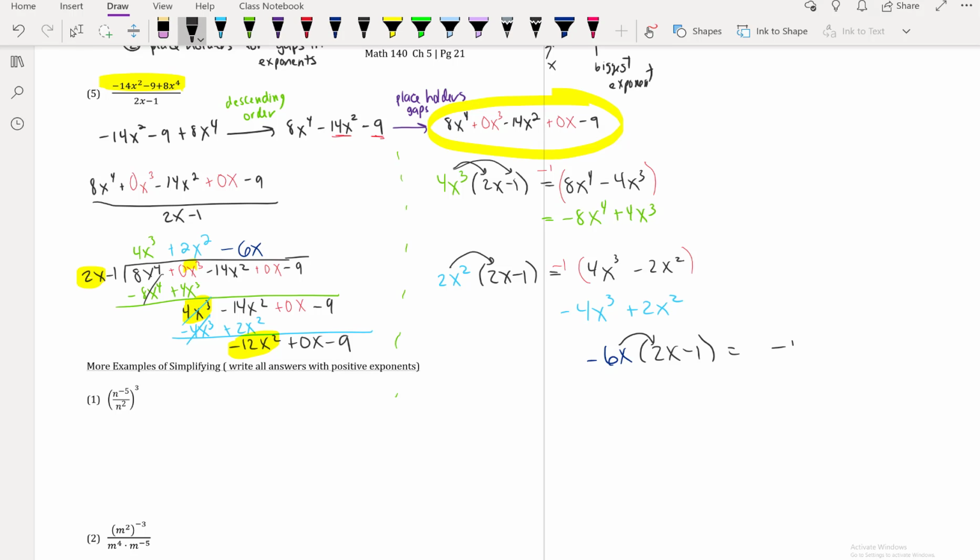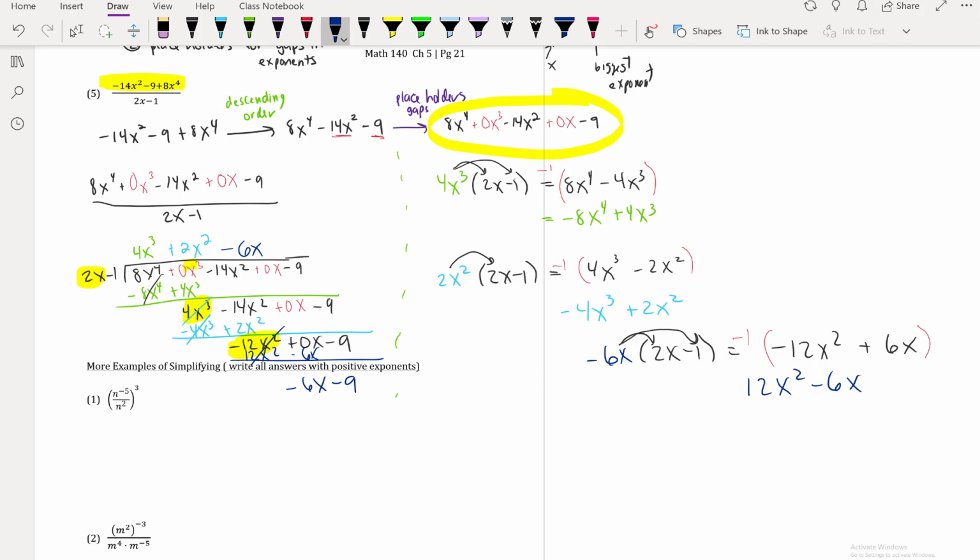So I end up getting my negative 12x squared plus 6x. Now I'm going to go ahead and multiply that by a negative 1. So I end up getting a positive 12x squared minus a 6x. Now I'm going to go ahead and write that underneath. So I have my 12x squared and a minus a 6x. So when I do that, that cancels. I have a negative 6x minus 9.